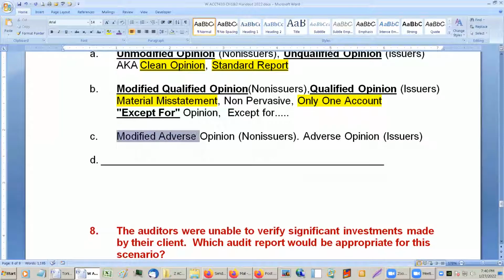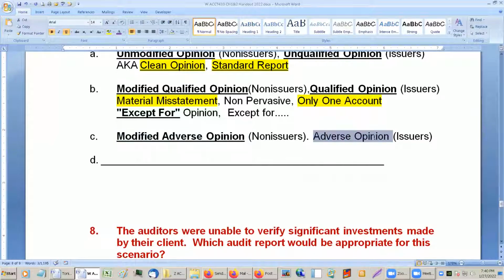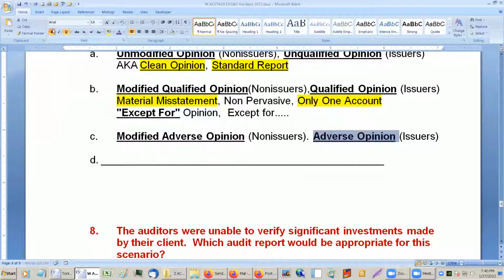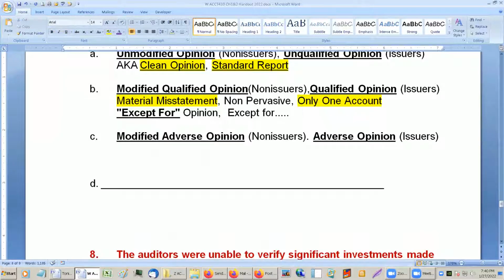The adverse opinions are the worst. Usually they have multiple material misstatements.